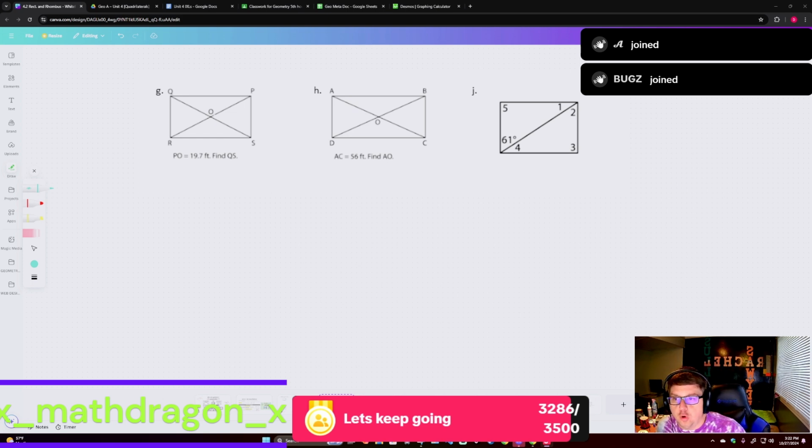But we're going to do PO is 19.7. So RO is going to be 19.7. QO is 19.7 and OS is 19.7. So if I look at this, QO plus OS equals QS, right?